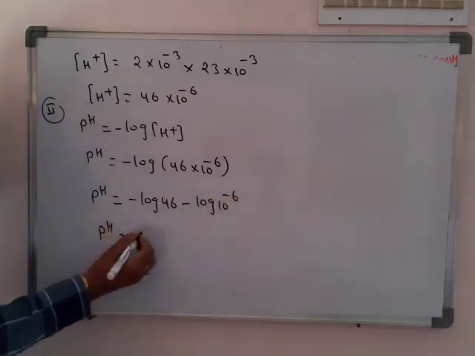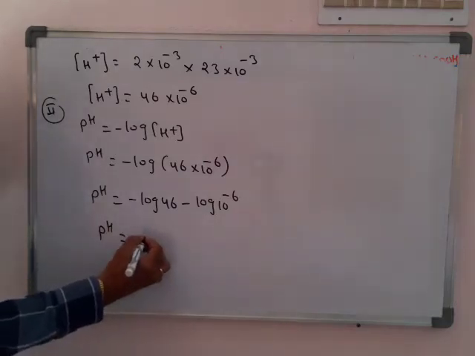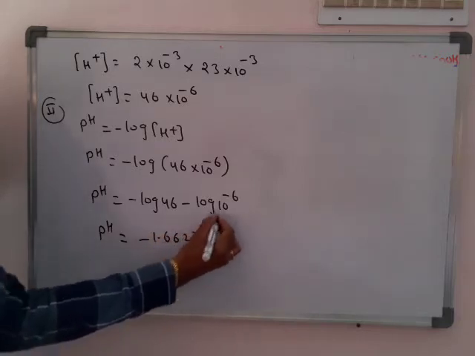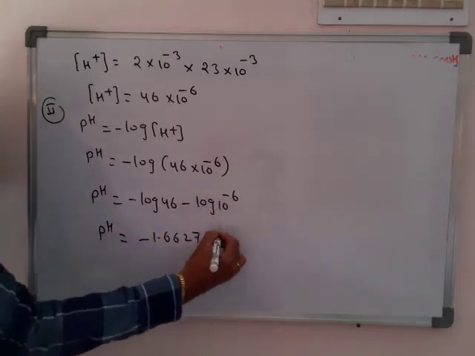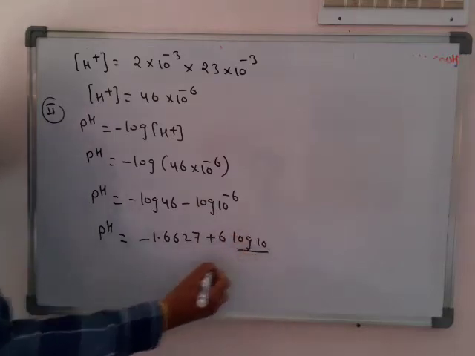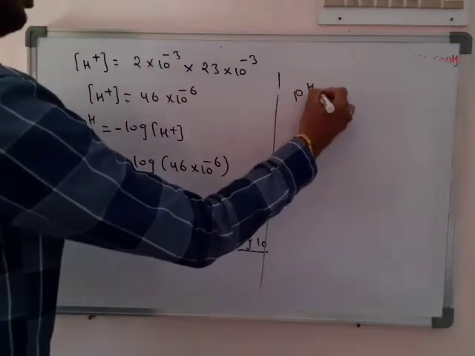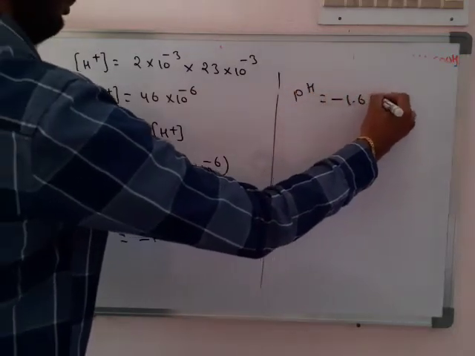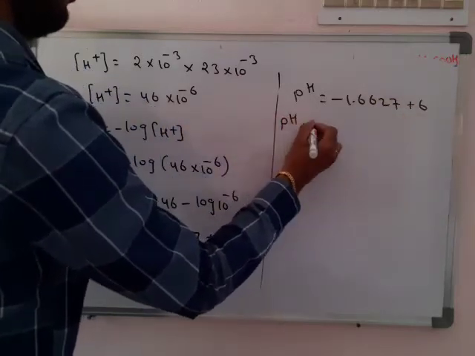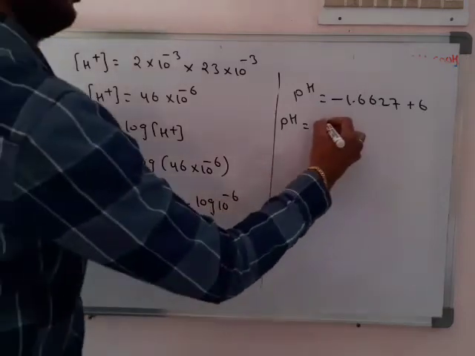So the log 46 value is given as 1.6627. So this minus comes to here plus 6, 6 log 10. We know the log 10 value is 1. So finally we will get the pH 4.33.